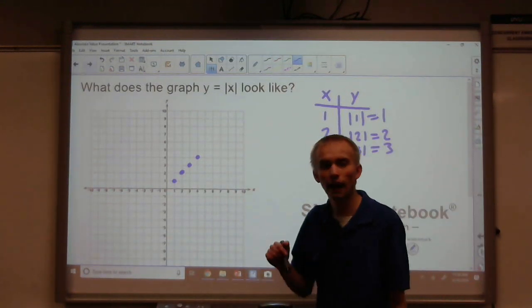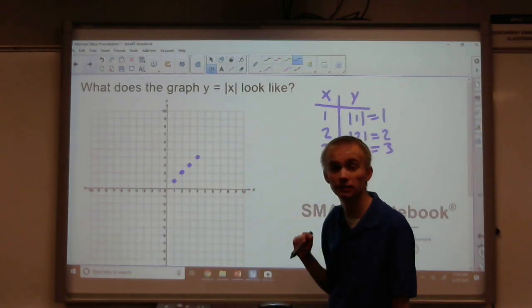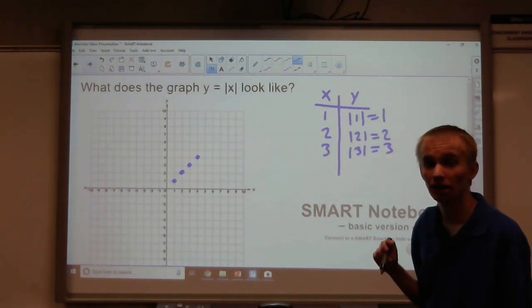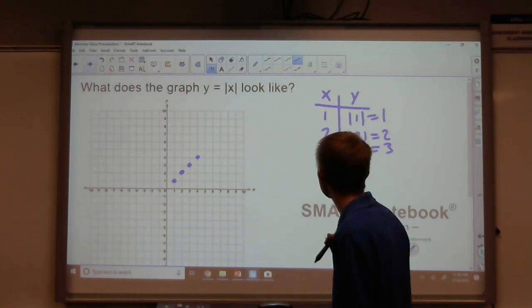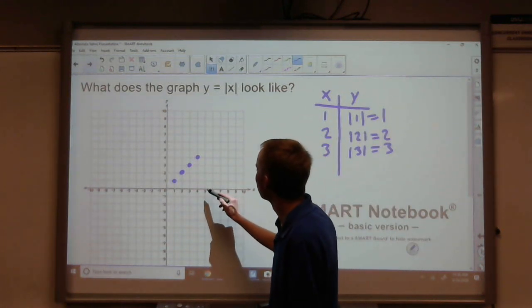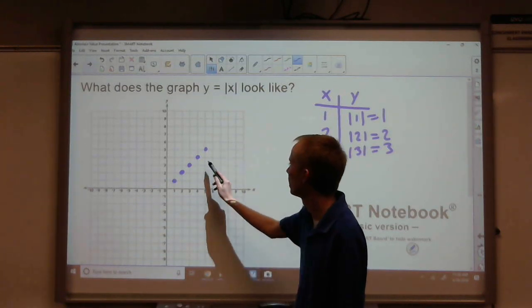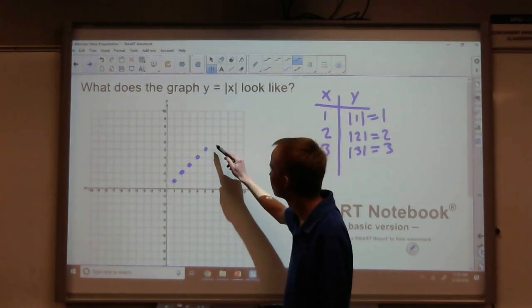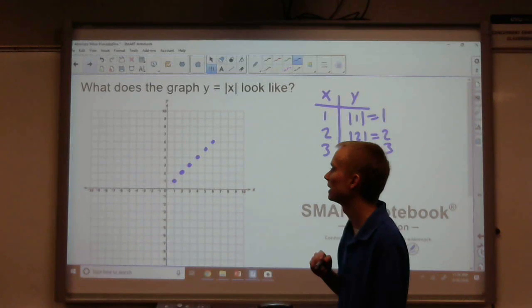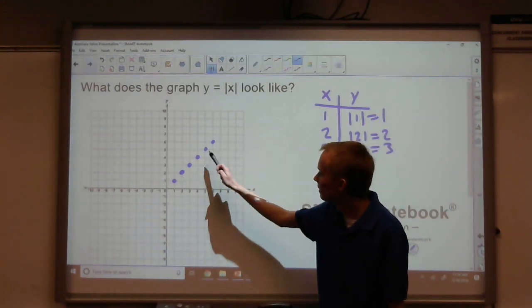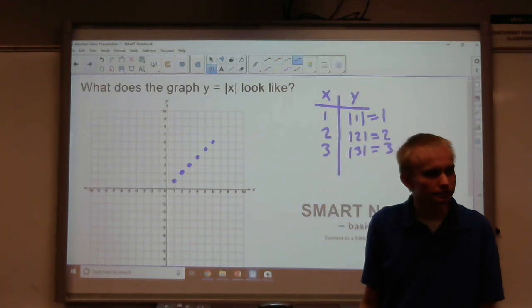If I plug in a positive number into absolute value, I get out the same number that I plugged in, okay? So when I plug in like 5, I should get 5 out, right? So I should be at 5, 5. When I plug in 6, I should get 6 out. I should be at 6, 6, okay? And so this is kind of what it looks like over here.